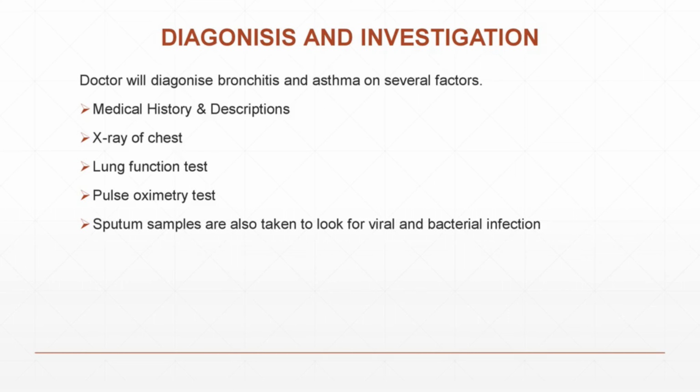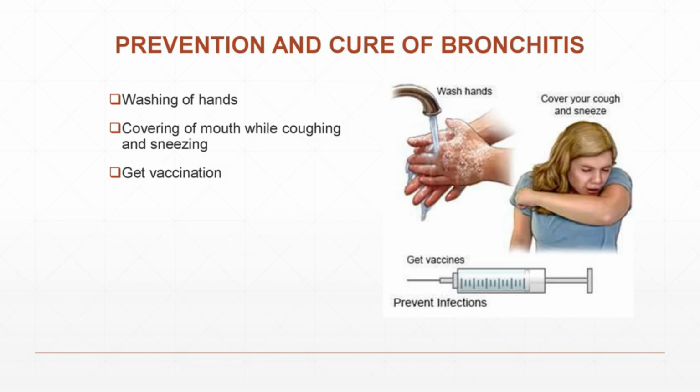The pulse oximetry test helps in determining the quantity of oxygen in the blood. Usually, children younger than 5 years are unable to perform a pulmonary function test, so doctors rely on history, symptoms, and physical examination in making a diagnosis. Prevention is always better than cure.